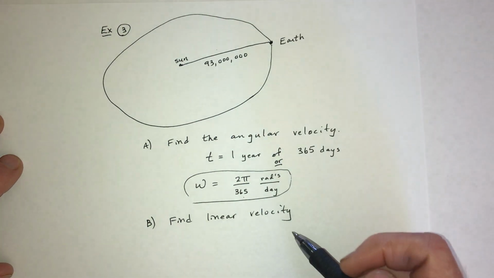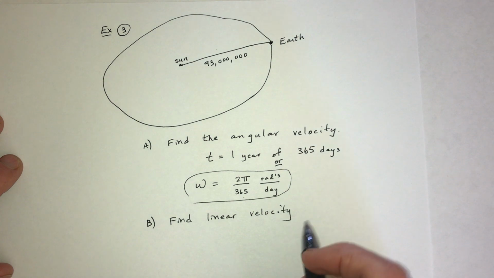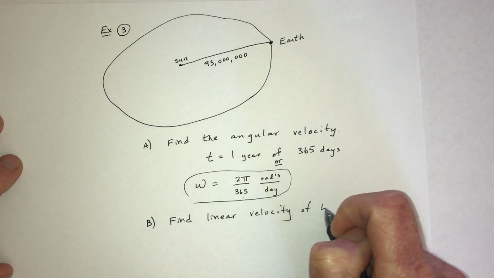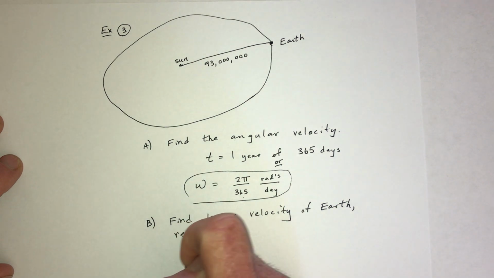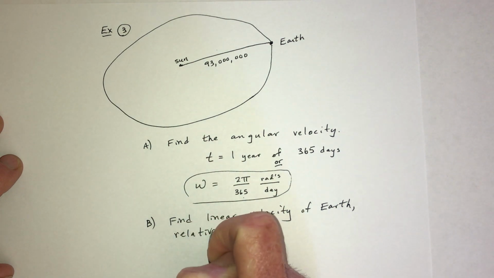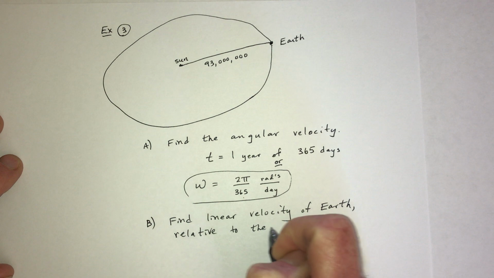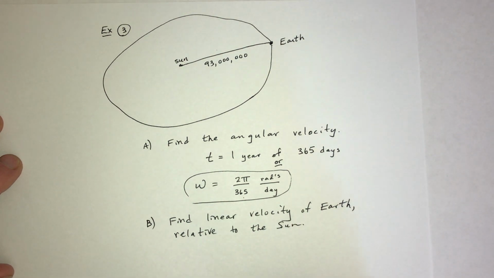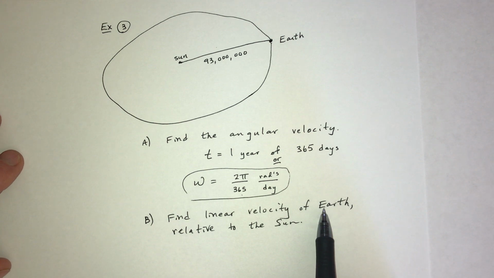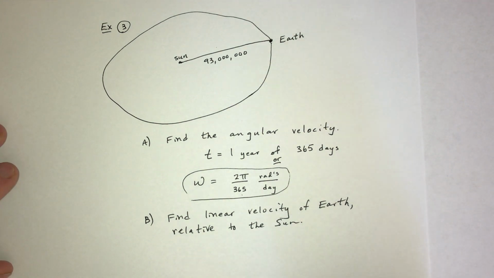Relative to the sun. So find the linear velocity of Earth relative to the sun. And I think in English you're not supposed to capitalize Earth and sun, but I've got so much respect for both of them, I am going to capitalize.